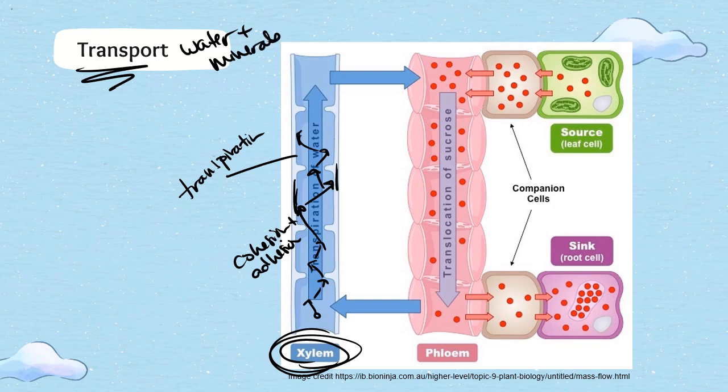Water and minerals are not the only thing that need to be transported around plants, though. Plants that have xylem also have phloem. Phloem is another kind of transport vessel in many plants, and this is where the sucrose and other organic molecules that are produced during photosynthesis and other pieces of metabolism are transported around the plant.